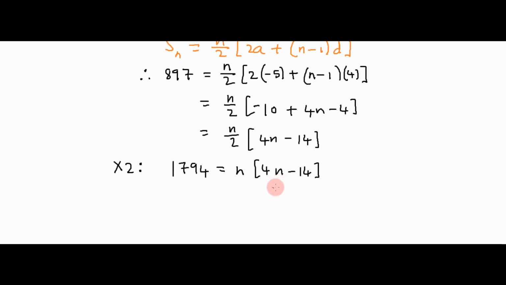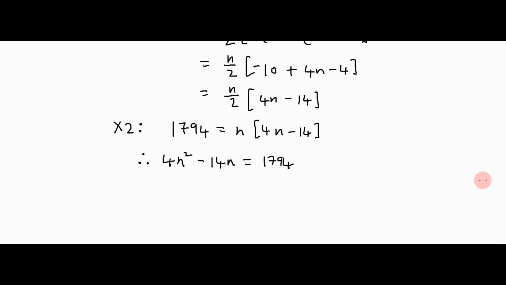Now we multiply out the square brackets. We can write this on the left-hand side. So 4n squared minus 14n equals 1794. We can bring everything to one side. So 4n squared minus 14n minus 1794 equals 0.